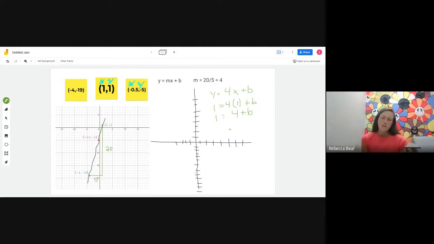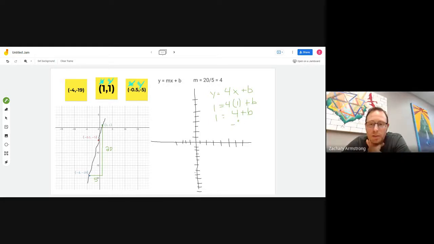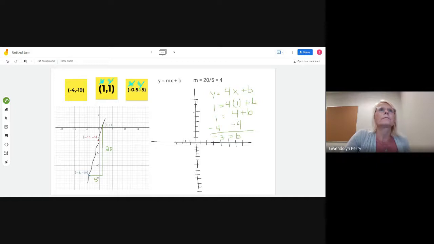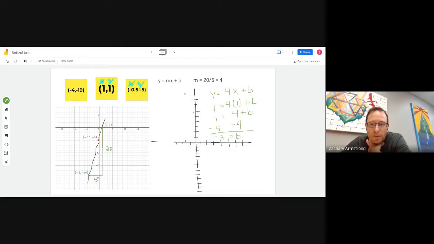I would subtract 4 from each side to get b by itself. Okay, add a -4 to both. So this is -3 is b. So we think that it's y equals 4x minus 3.